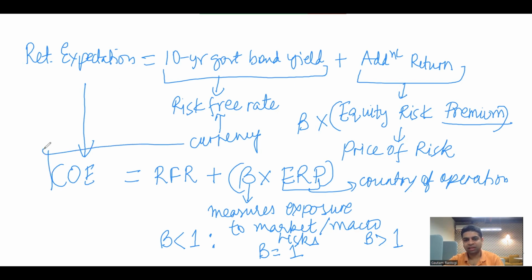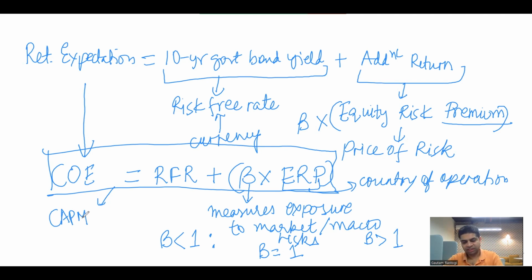The mathematical model which describes how to calculate the return expectation from investing in an asset or a business is called the capital asset pricing model, because you're essentially pricing the risk of an asset to determine its return expectation, right?